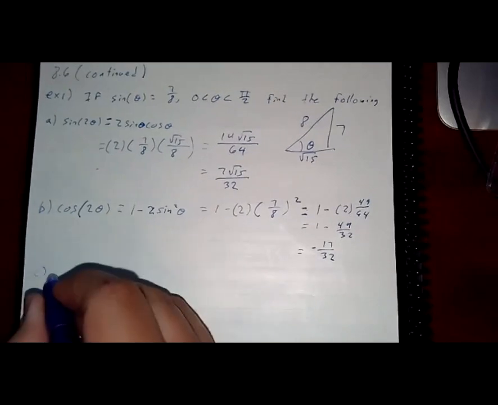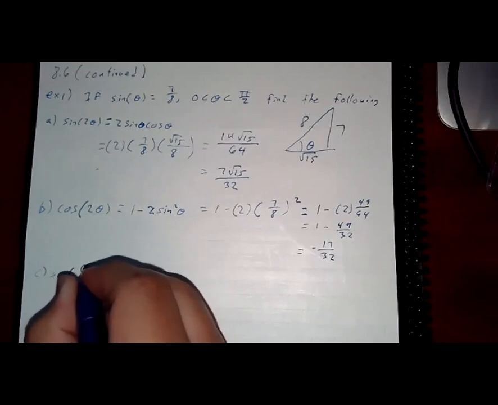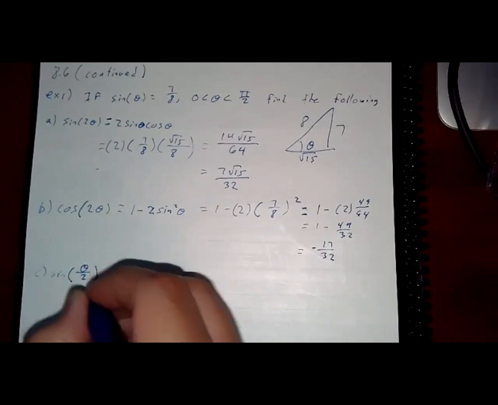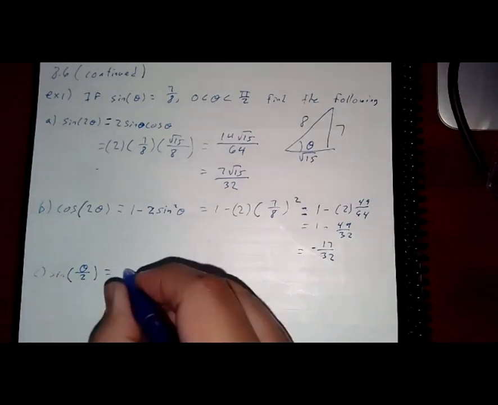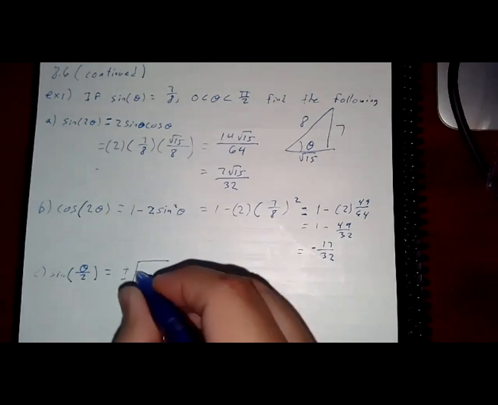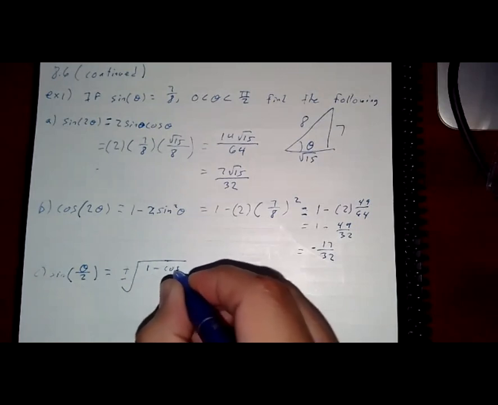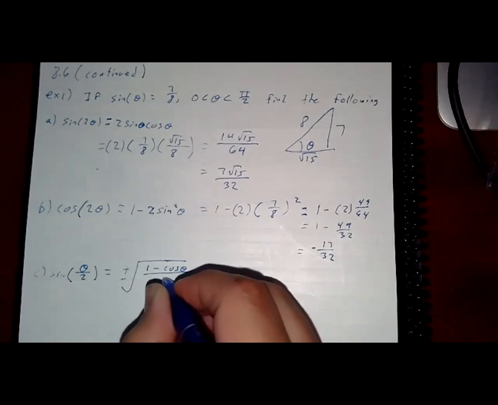Do you have any questions on A or B? No questions. All right, so the next one's a little more challenging. If you remember the formulas for half angle, there is a plus or minus on there, right? 1 minus cosine theta for the sine over 2.